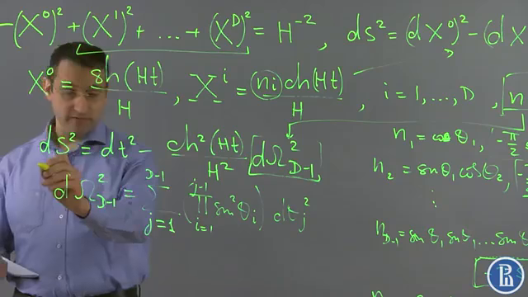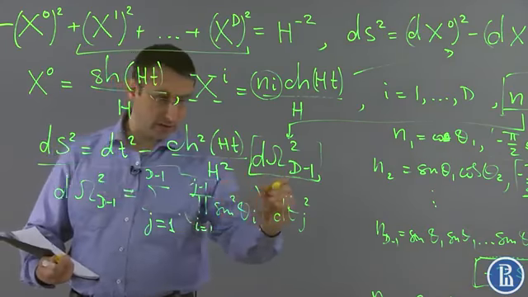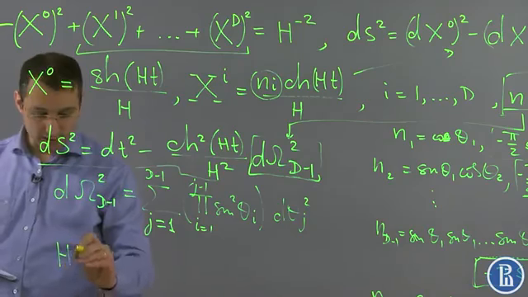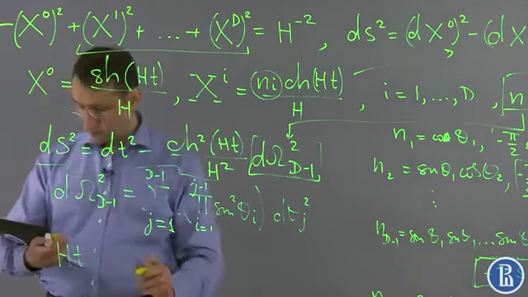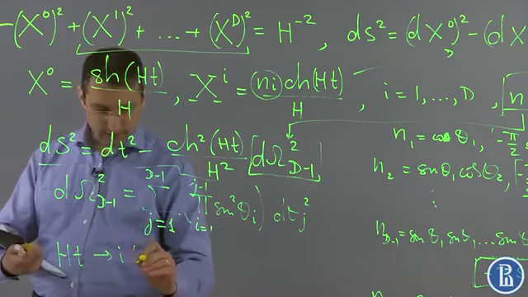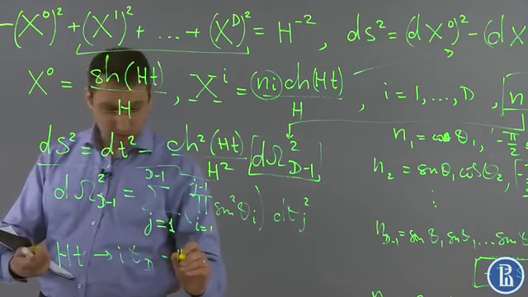Actually, by the way, Wick rotation can be seen already on this metric if we change ht to i theta d minus pi over 2.